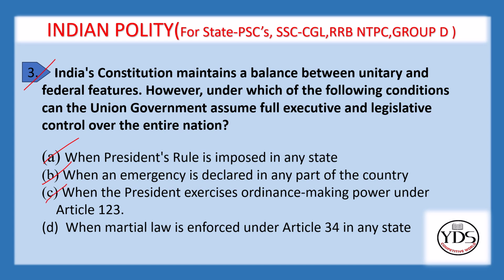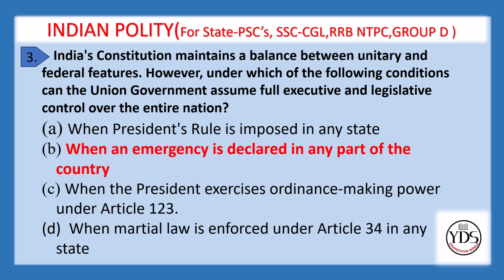Option C. When the president exercises ordinance making power under Article 123. Option D. When martial law is enforced under Article 34 in any state. Option B. When an emergency is declared in any part of the country is the correct answer.